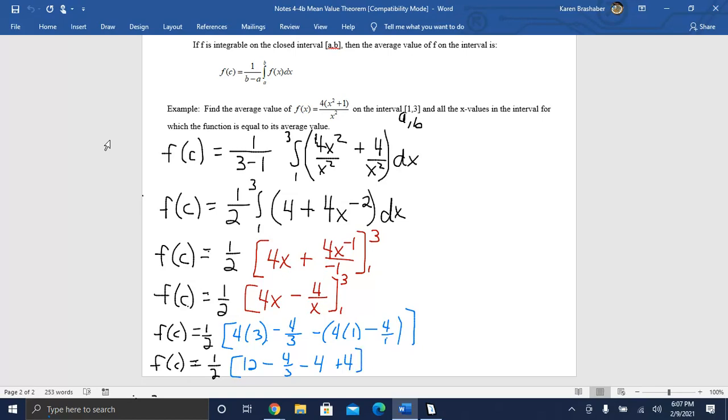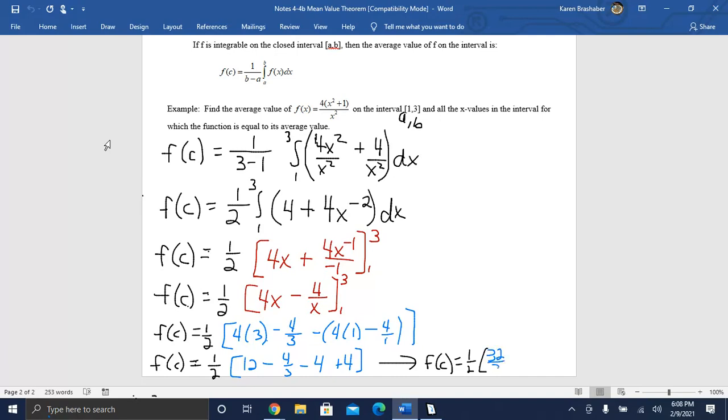So the 4s are going to cancel, and I'll end up having 12 minus 4/3, and then that taken times 1/2. So I'm going to bring that over here. f of c is going to equal 1/2 times 12, which would be 36/3, minus 4/3. I'll have 32/3.